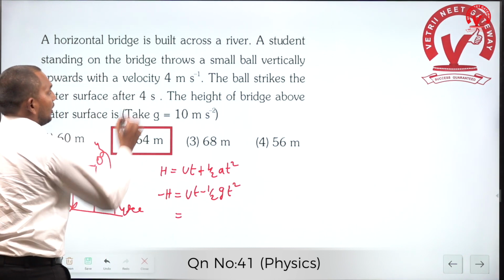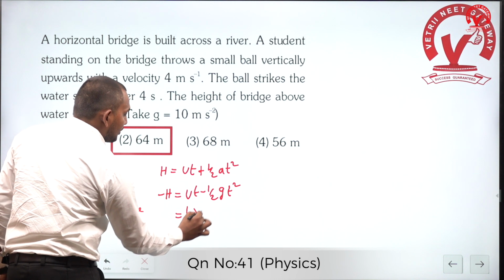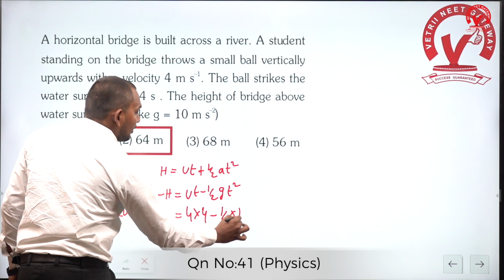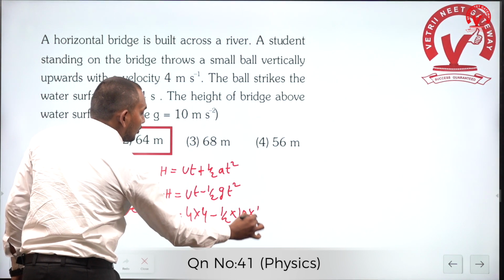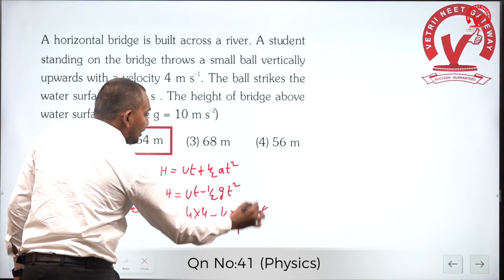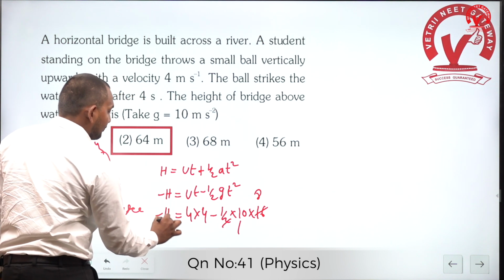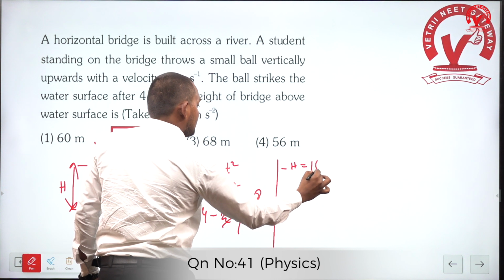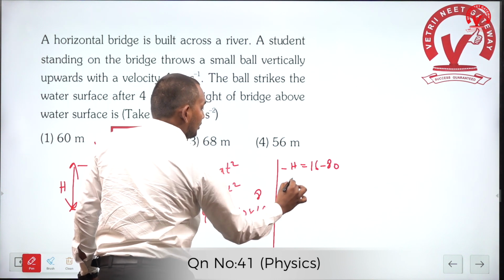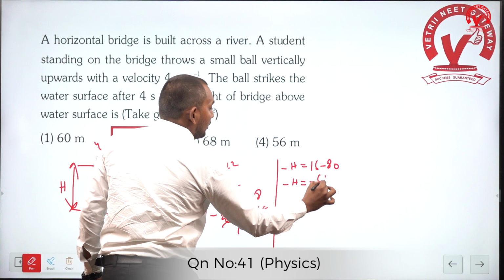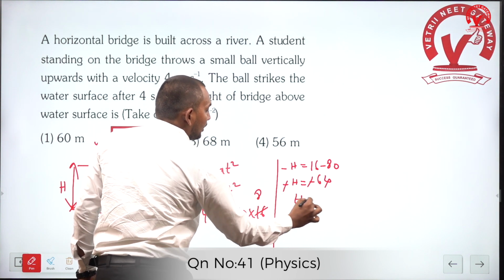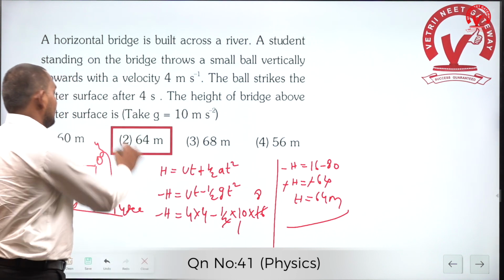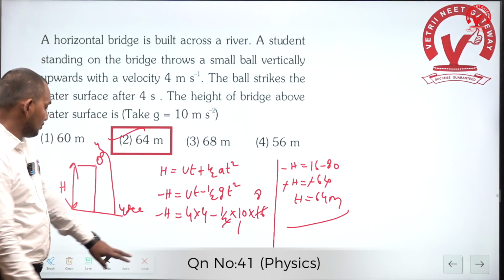U initially is 4 velocity, 4 into time 4, minus half into g value 10 into 4 square. 16 minus 80, minus h is equal to minus 64. So h is equal to 64 meters. The correct option is 2.